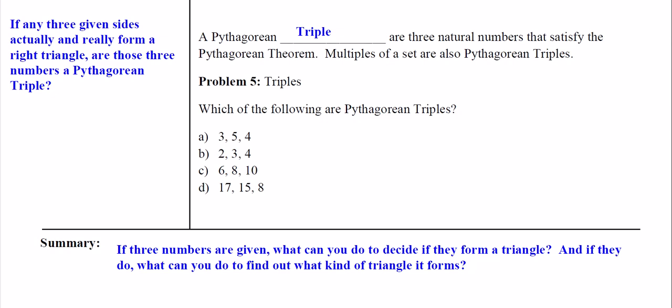You counted 1, 2, 3, 4, 5. Those are natural numbers. So no decimals. All of them have to be positive, not 0. And they have to be whole numbers. So if I have 3 numbers, and if they satisfy the Pythagorean theorem, then it's a Pythagorean triple.